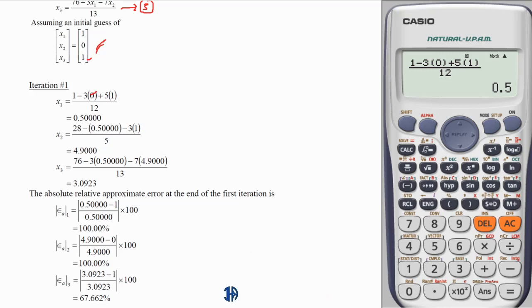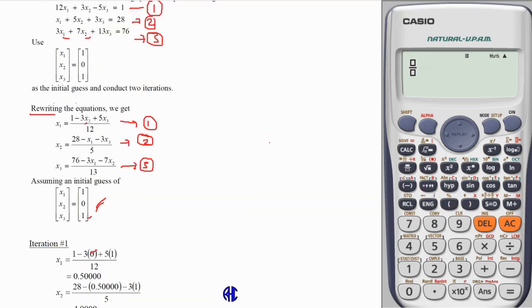The next is yung x sub 2 natin. Yung x sub 2 natin is ito. 28 minus x sub 1. Yung x sub 1 natin, yung initial condition is 1.